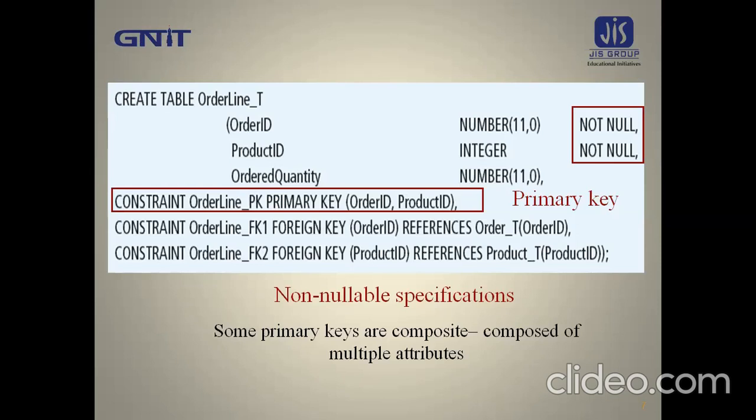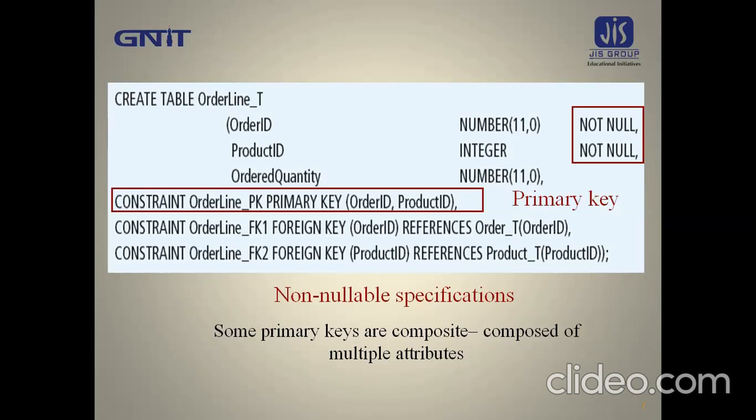We can also see that order ID is being used as a foreign key for the order relation, and product ID is being referenced by the relation named product underscore T. So the primary keys order ID and product ID for the table order line T are being used to set the foreign keys for order T and product T tables.